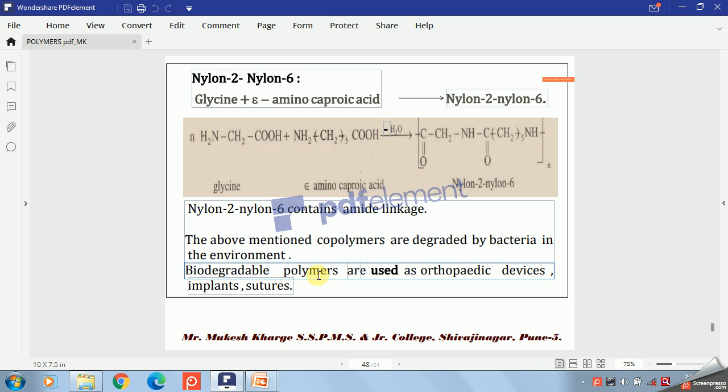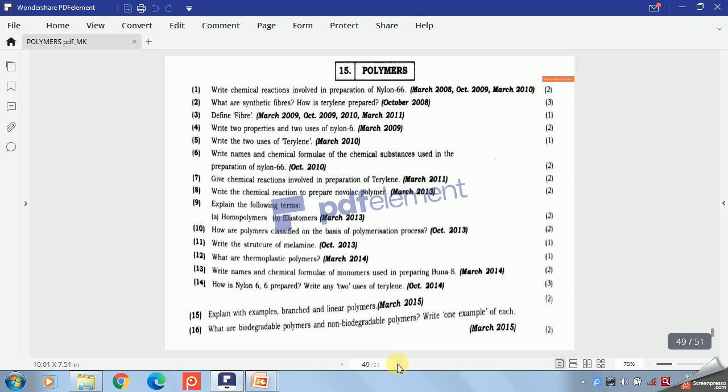So they are biodegradable synthetic polymers, and they are used as orthopedic devices, implants, sutures. So here some questions are asked in board exam based on this introduction of polymers. So you can write their answers.